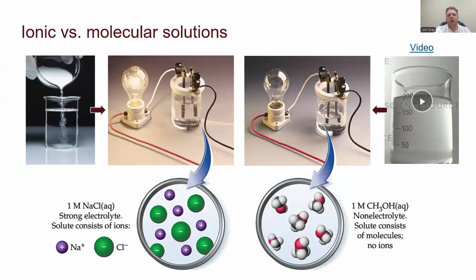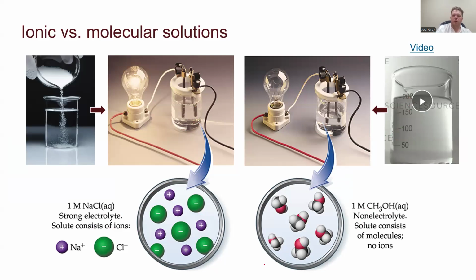In addition to that, ionic compounds are able to conduct electricity. Here what we have is sodium chloride, a salt water solution where we have an electric current running through it. Then we also have methanol. Sodium chloride is able to conduct electricity, whereas methanol is not able to conduct electricity very well.